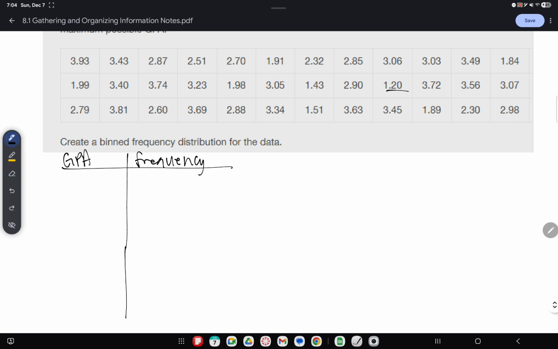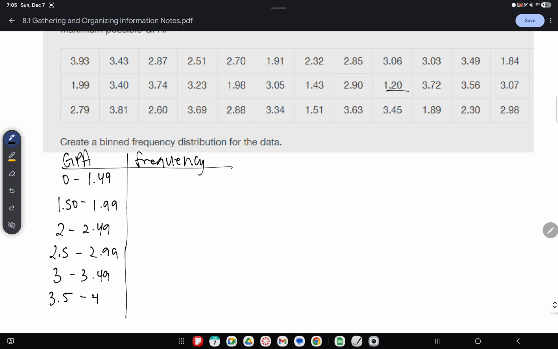We could go from, how about 0 to 1.49, and then 1.50 to 1.99, and then 2 to 2.49, 2.5 to 2.99, and then 3 to 3.49, 3.5 to 4.